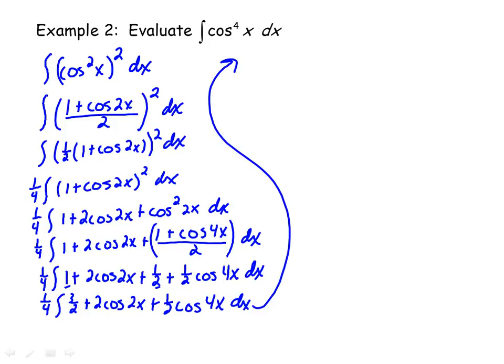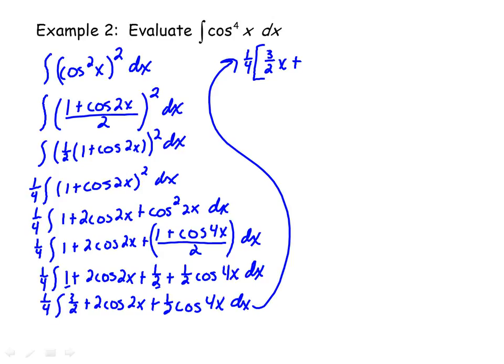All right, so let's integrate. So we're going to have 1/4 times. What's the integral of 3/2 with respect to x? 3/2 x, very good. Plus, what's the integral of 2 cosine 2x?